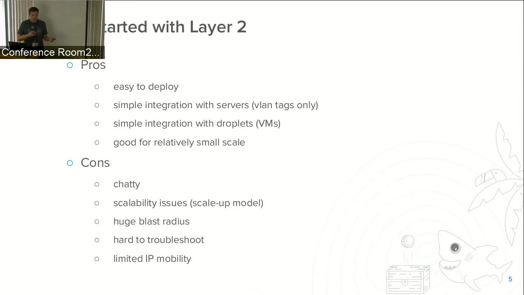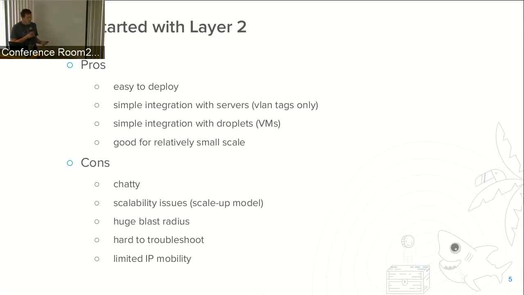You boot up a VM, you get an interface, it speaks layer 2, right? So there's simple integration with both the hypervisors and the droplets or VMs that we put on. The model was that the droplets came up on the hypervisors and they were essentially bridged directly into the layer 2 network. And this was great for relatively small scale.